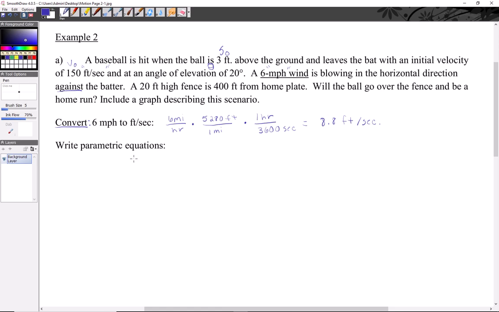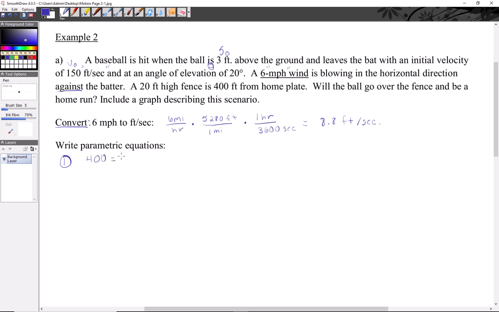Since I seem to have everything I need for the horizontal aspect, I'm going to go ahead and do that and then generate some time. So we'll start out with 400 feet away, 0 to 400.